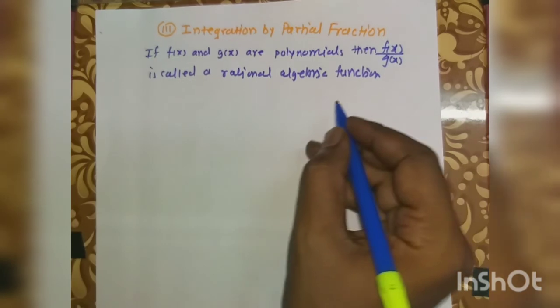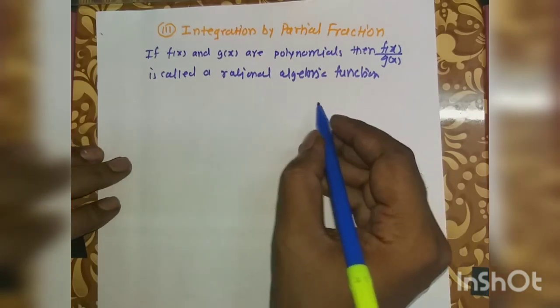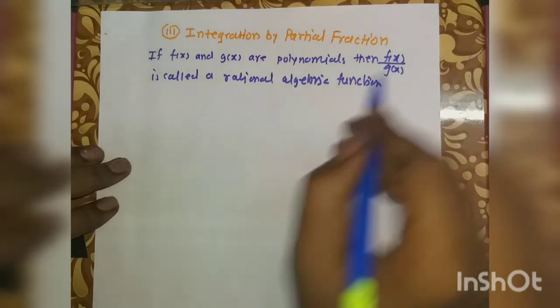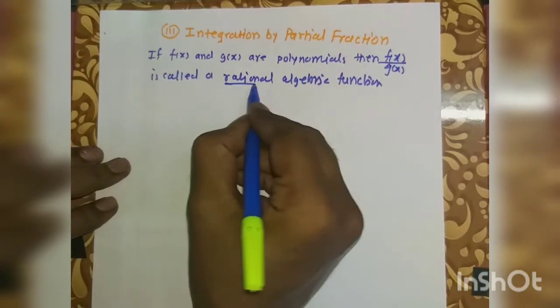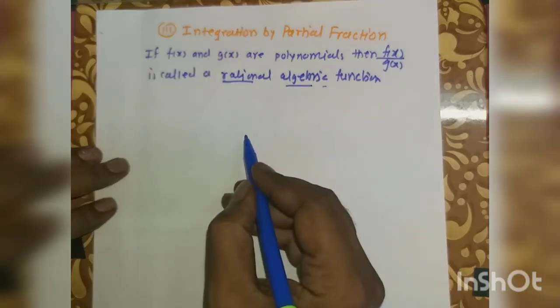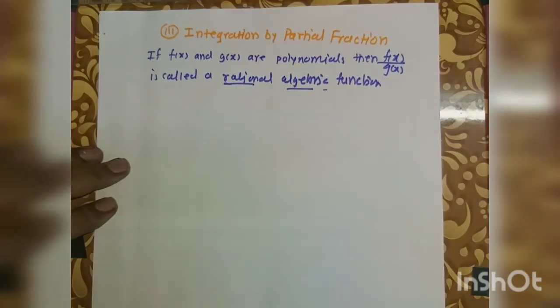That means if the expression consists of the quotient of two polynomials, then it is called a rational algebraic function. Such a type of problem is solved by using this method.